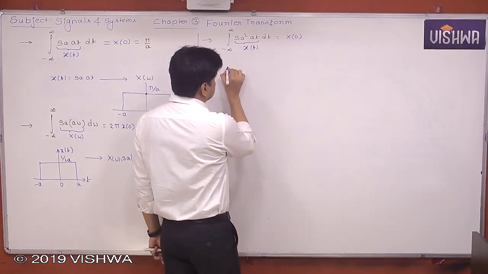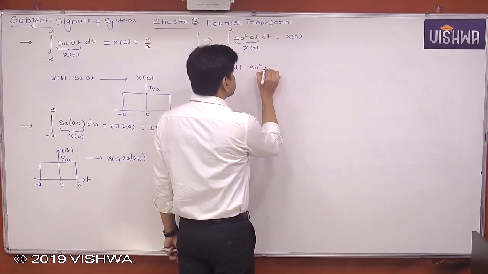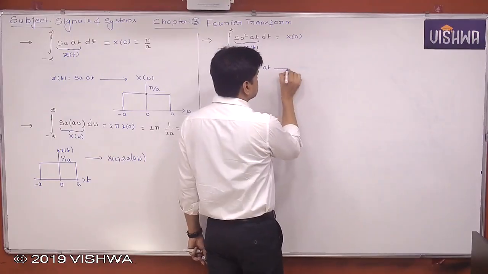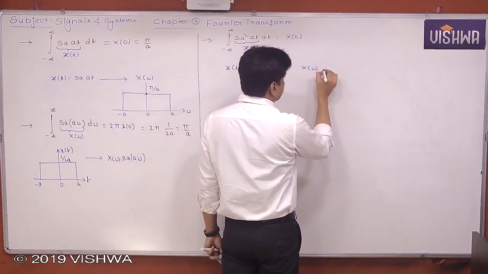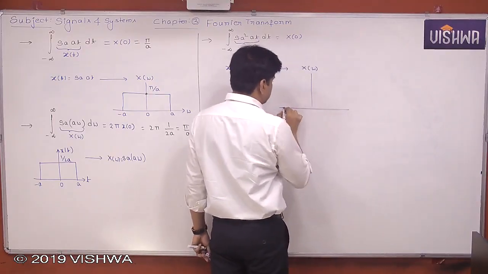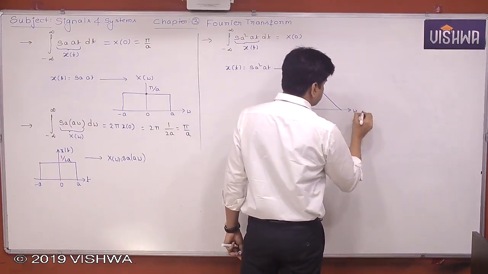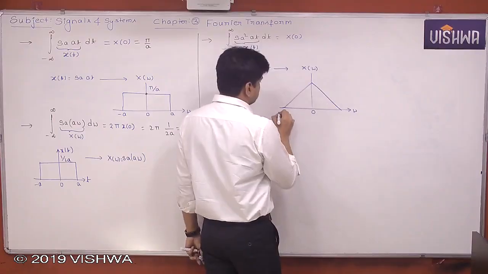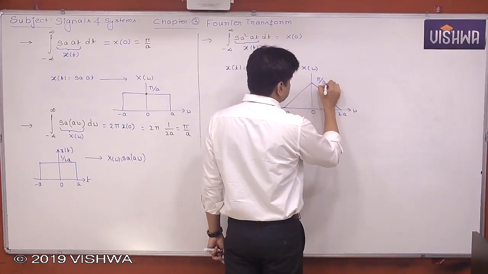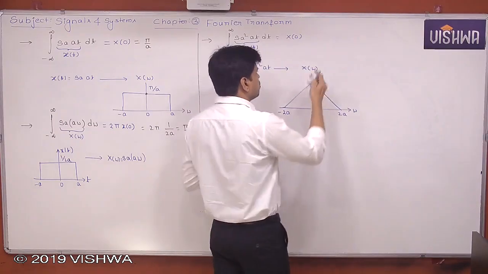So to get sampling square at, what is its Fourier transform X of omega? We have seen it is nothing but a triangular pulse with respect to omega, from minus 2a to plus 2a, with height pi by a. So at 0, what is its value? It is nothing but pi by a.